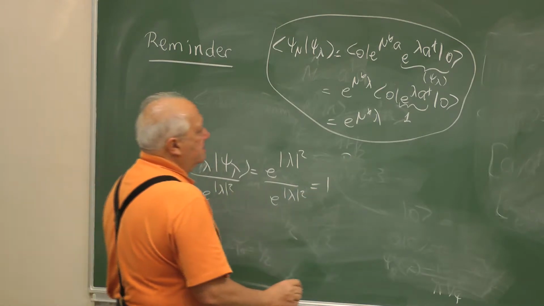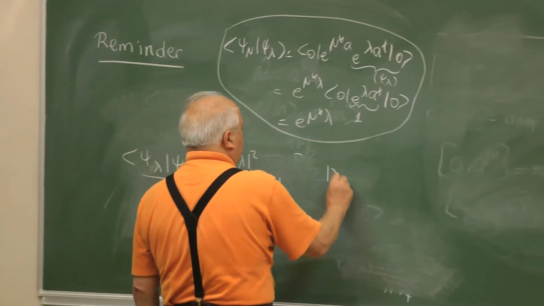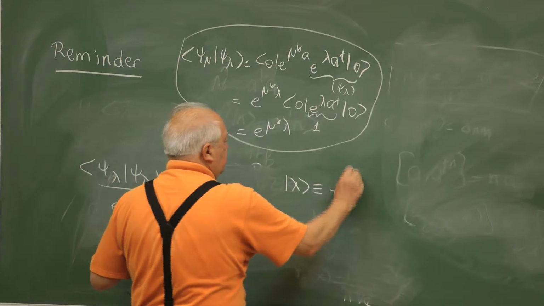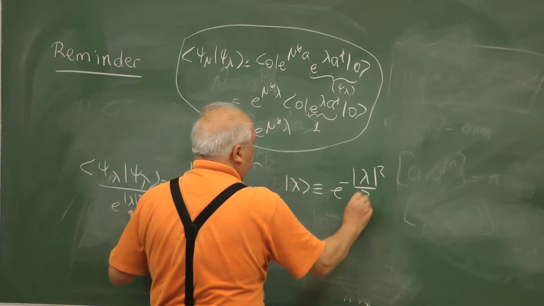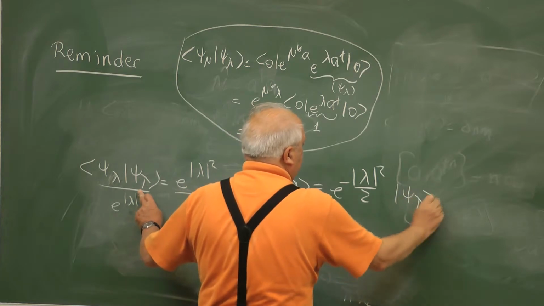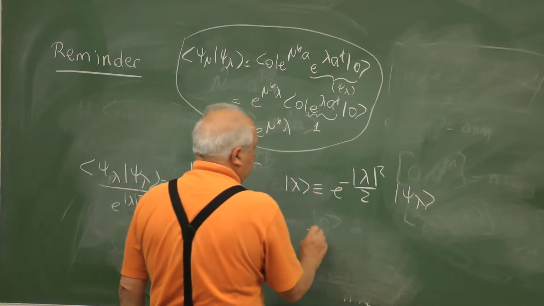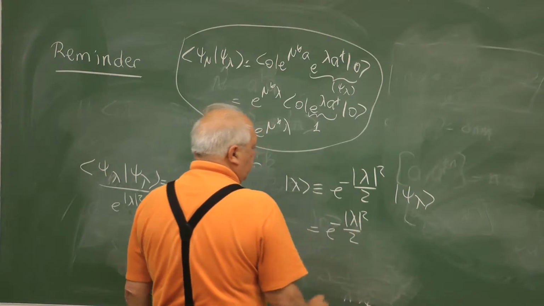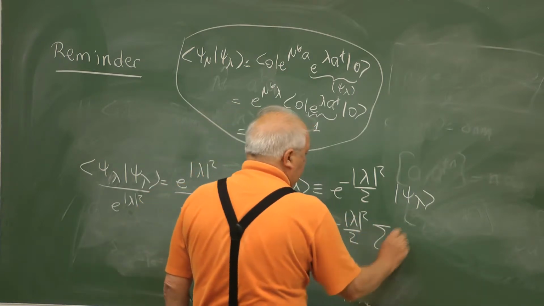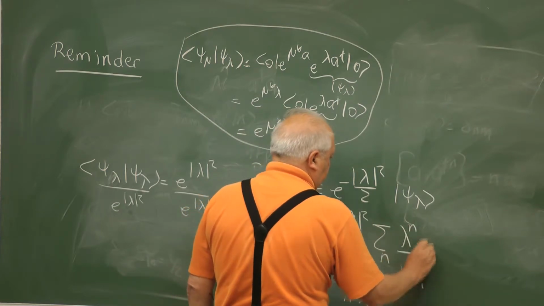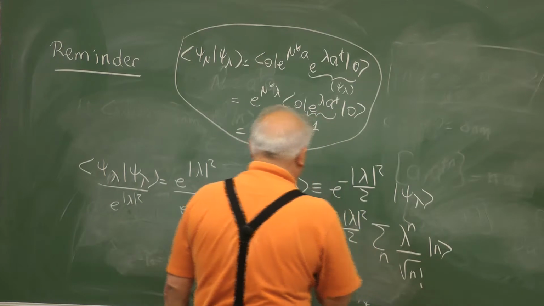So I will define a state lambda as e to the minus lambda square over 2 times psi lambda, which is e to the minus lambda square over 2, sum over n, lambda to the n over root n factorial, n. So this is our state lambda.